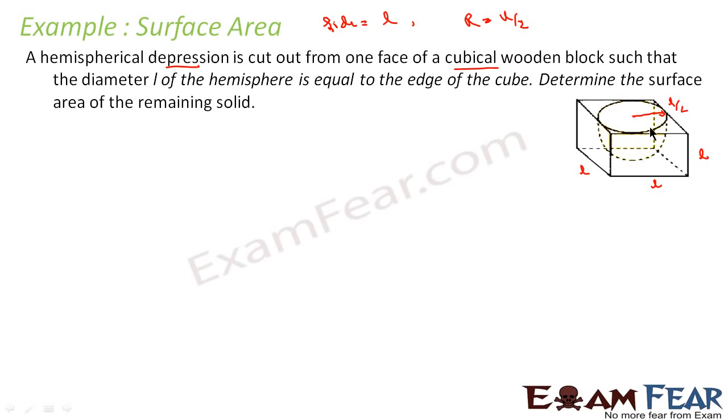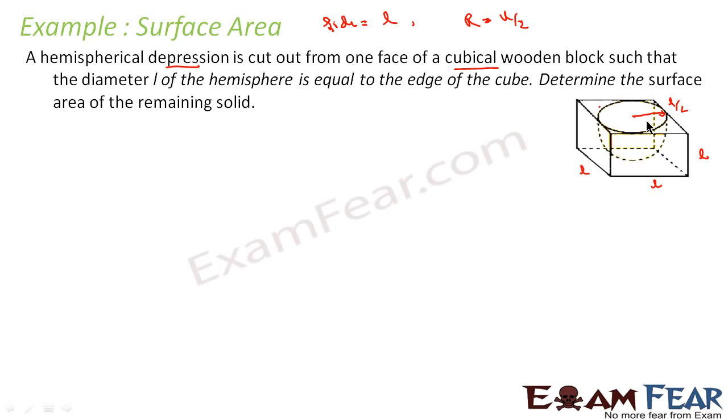Then we'll get all this white part, and then we'll add the area of the hemisphere. Then we'll get the total area. Understand this? So you get the area of the whole cube, but this part is not there, so we subtract this area. So you'll get the area of the existing cube, and then we will see that this part is also there, so you'll add this area.